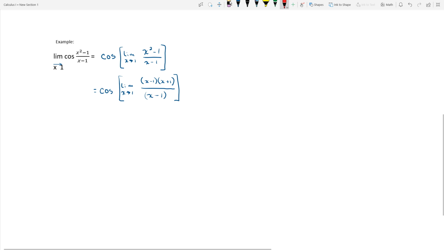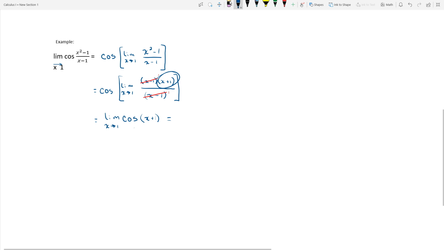So we're going to end up reducing these equal terms. We can recompose this so that we have the limit as x approaches 1 of cosine of simply x plus 1. And now we can find out, well, what is that limit?